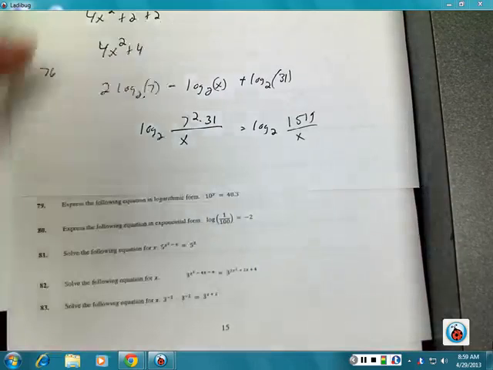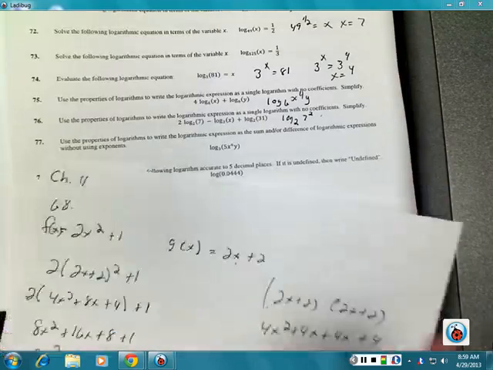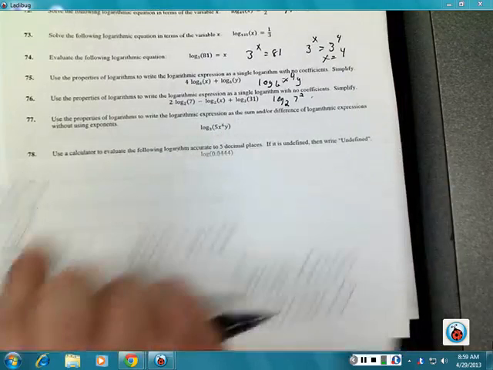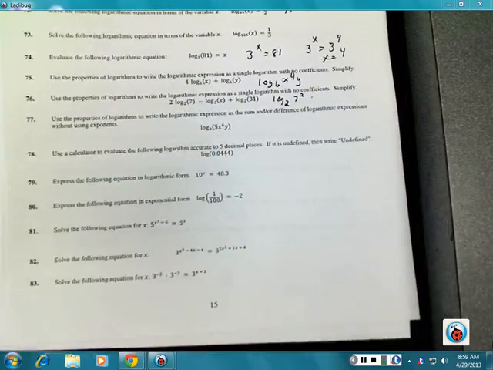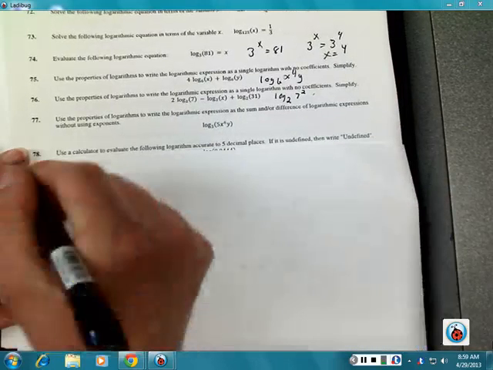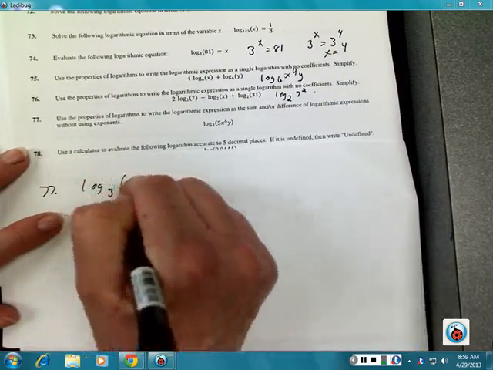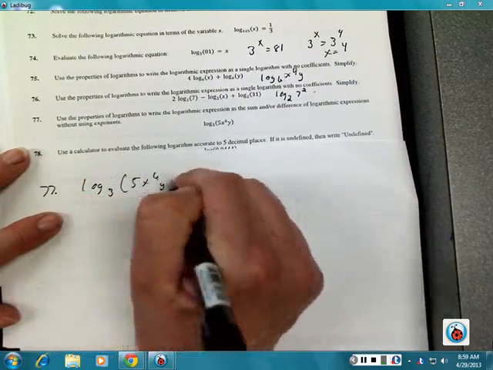Okay. Now we'll continue. This next one is expanded out. So are we good with expanded out? What do you think? Expanded out: log base 3 of 5x to the 6th times y.